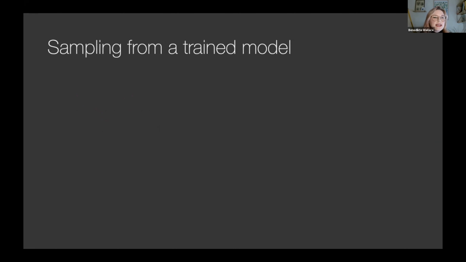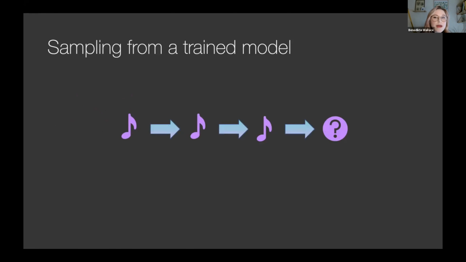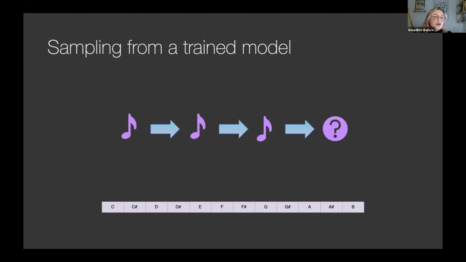So take, for example, the task of predicting the next note in a melody based on a sequence of preceding notes. Often our sequence prediction models will aim to learn a probability distribution between all the possible next tokens. So here the task would be to find the likelihood associated with each of these 12 notes.